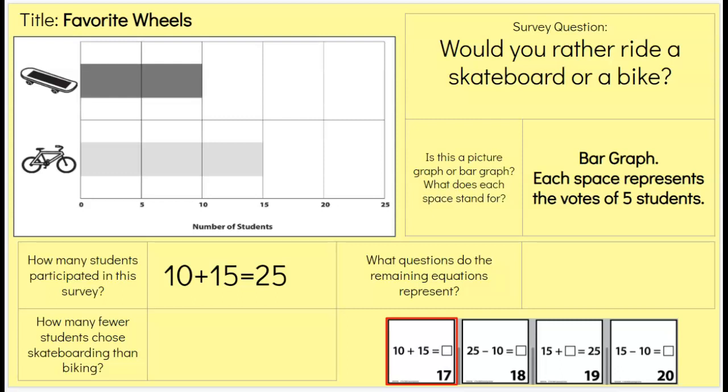How many fewer students chose skateboarding than biking? Write an equation to represent how many fewer students chose skateboarding than biking on your whiteboards. Use one of our calendar markers to help you.